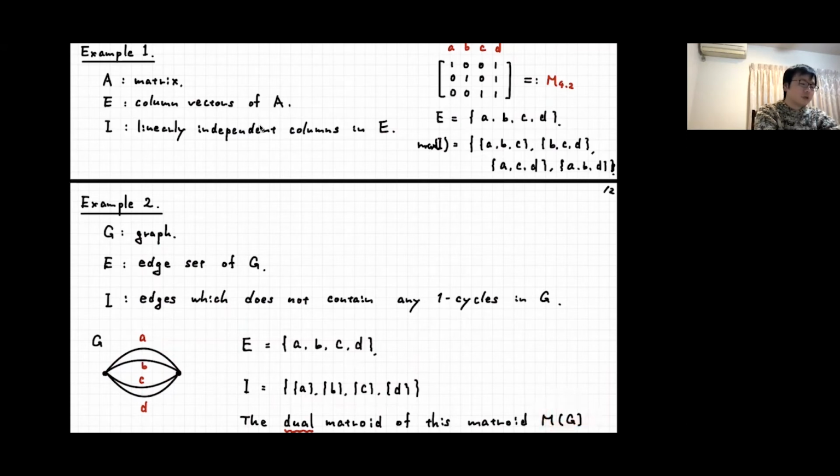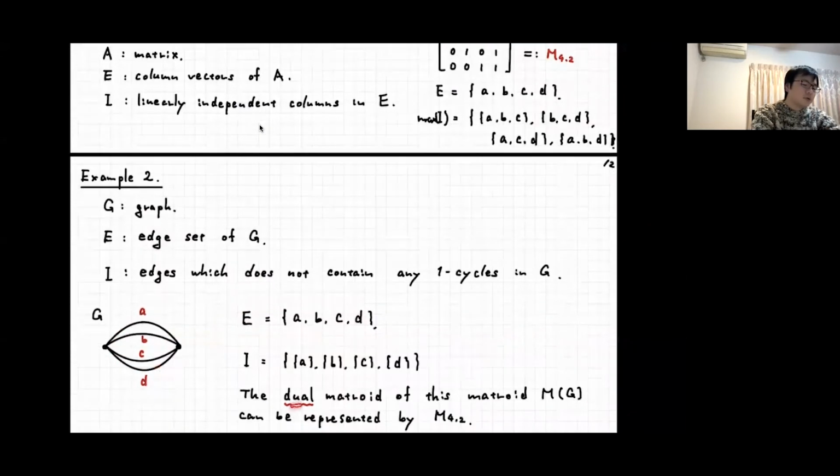And the good connection between this capital G and this matrix is that the dual matroid of this matroid M_G can be actually represented by M42.